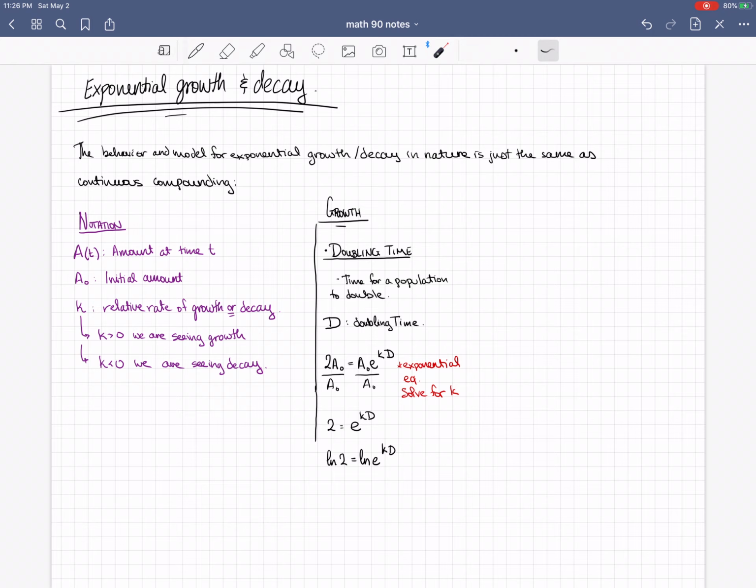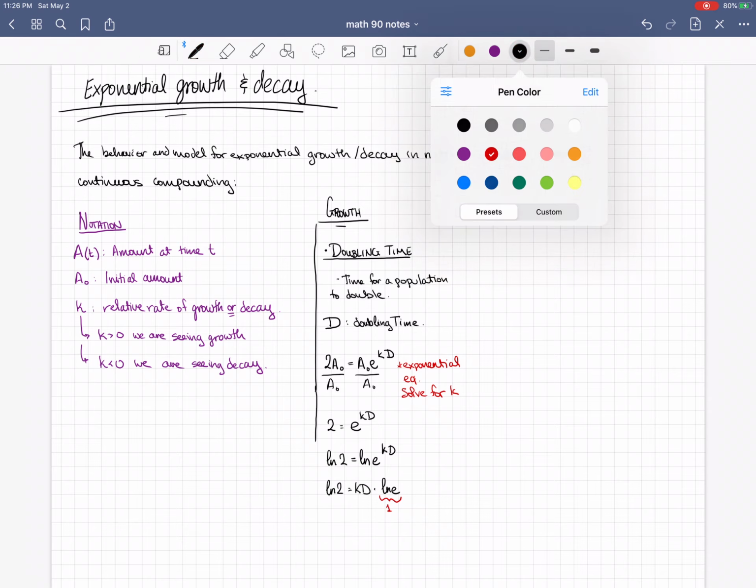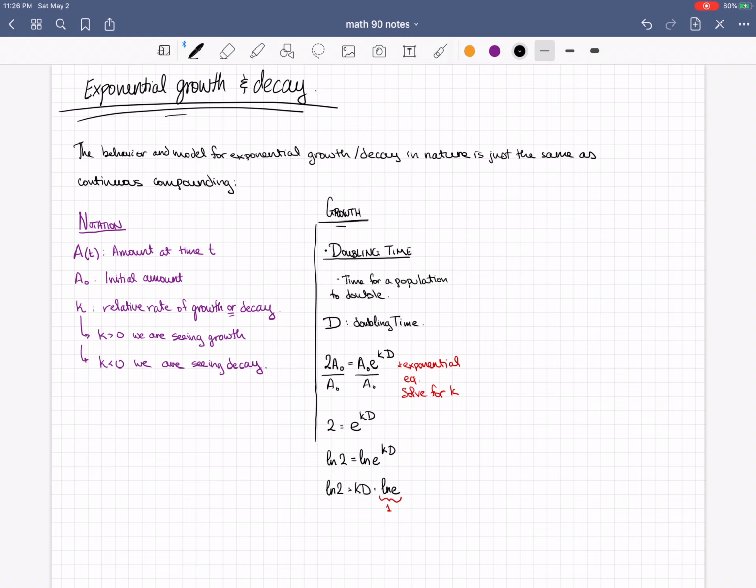Right, so you remember by properties of logarithms, when you have a power inside a log, it hops out to the front. So we have the natural log of 2 is equal to kd times the natural log of e. And of course, this is 1, right? We've talked about that before. And since we are solving for k, at this point, we'll divide both sides by d. So the natural log of 2 divided by whatever the doubling time is, that's your growth constant, k.